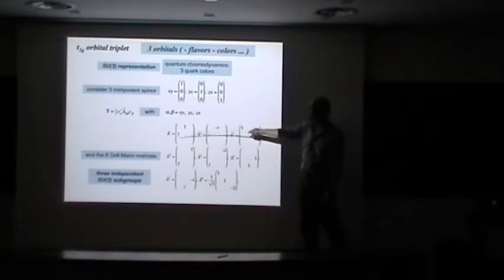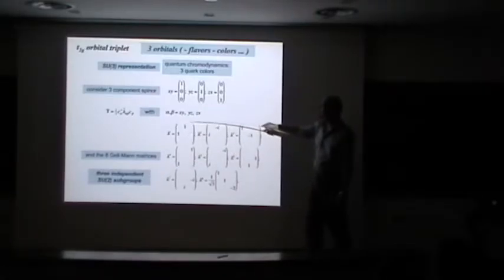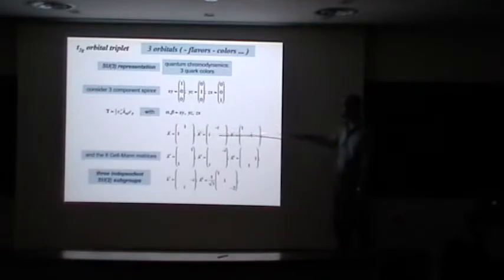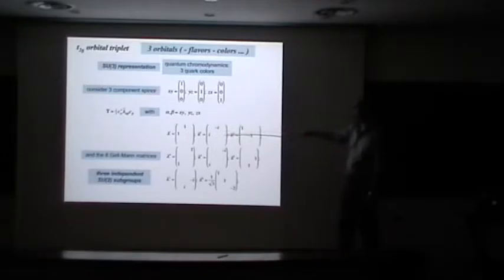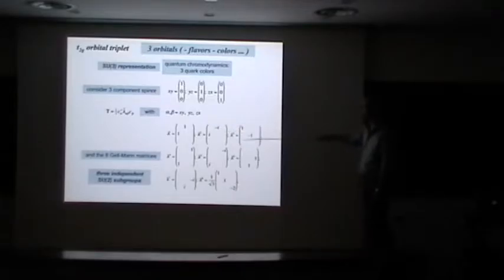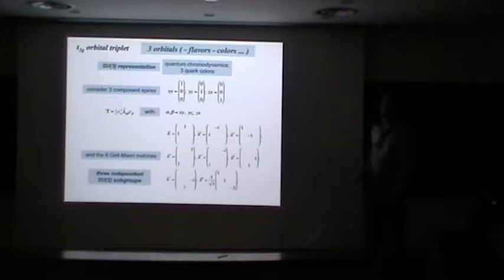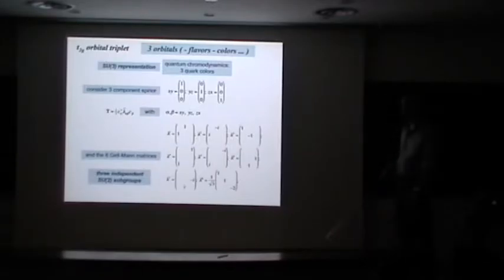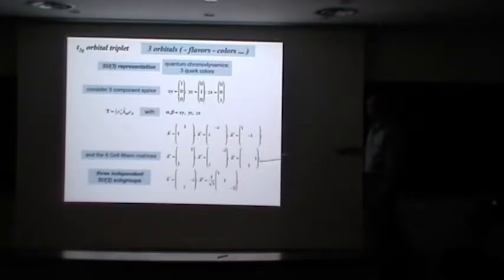For instance, lambda 1 looks like sigma 1, whole matrix. Lambda 2 looks like, here in the upper corner, like sigma 2, and actually this guy looks like sigma 3. So these 3 guys generate an SU2 group.